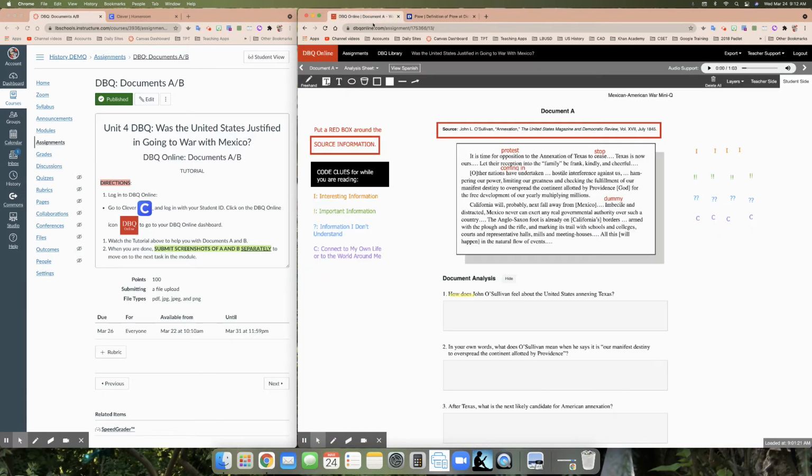So it has something to do with farming. So they've got the farming stuff and the rifle. So they're armed, ready to take over the land, and marking its trail with schools and colleges, courts and representative halls, mills and meeting houses. All this will happen in the natural flow of events. So he's basically saying that our settlers are there. They're at the border of California. They're ready.